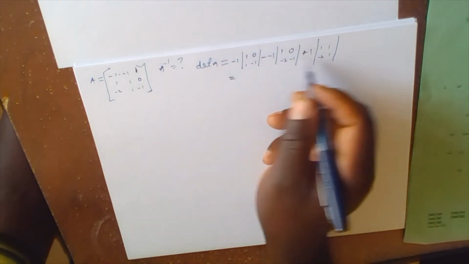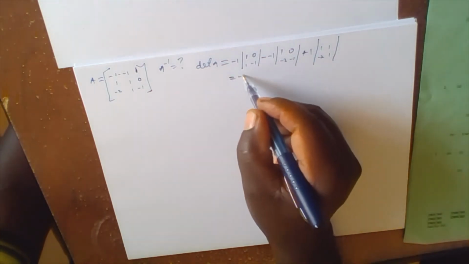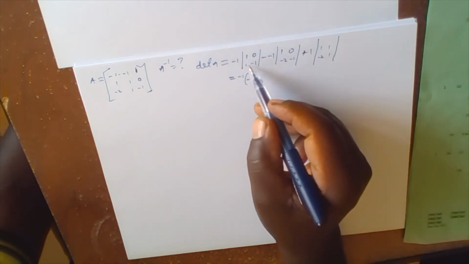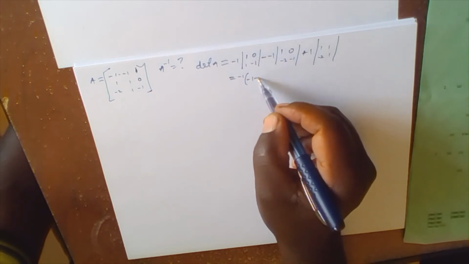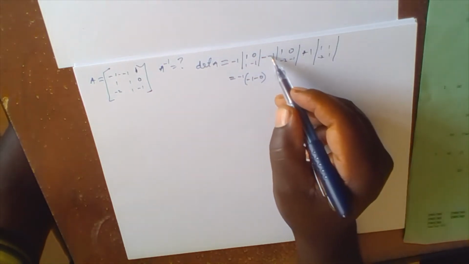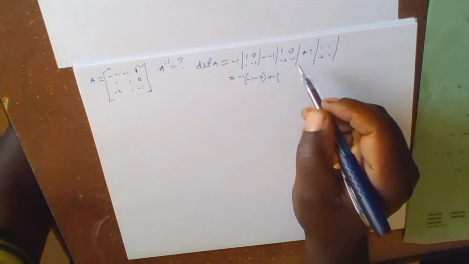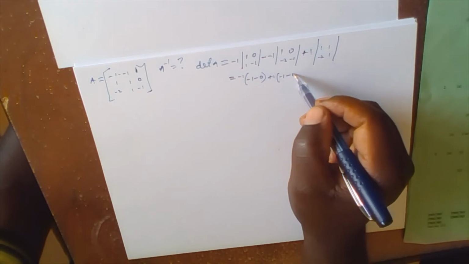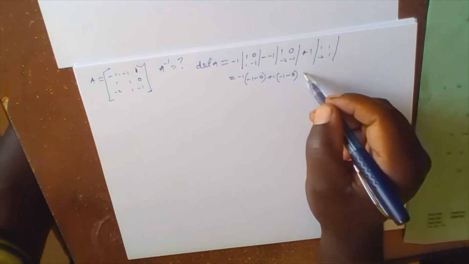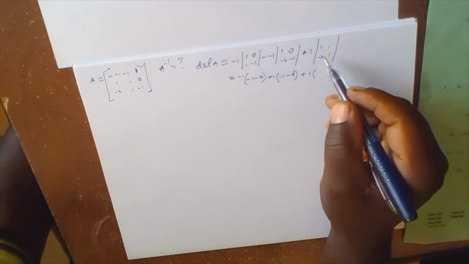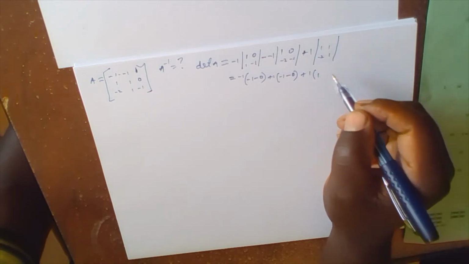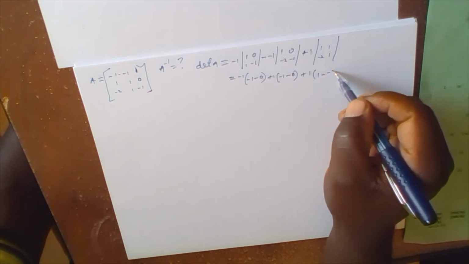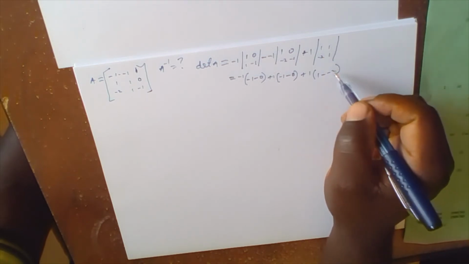1. Then we expand this, so we have negative 1 into negative 1 times 1, we have negative 1. Then 1 times 0, it will be minus 0. Then minus and minus plus 1 into negative 1 times 1, we have negative 1, minus 0. Then plus, we have 1 into 1 times 1, we have 1. Then minus 2. Negative 2 times 1, we have negative 2.